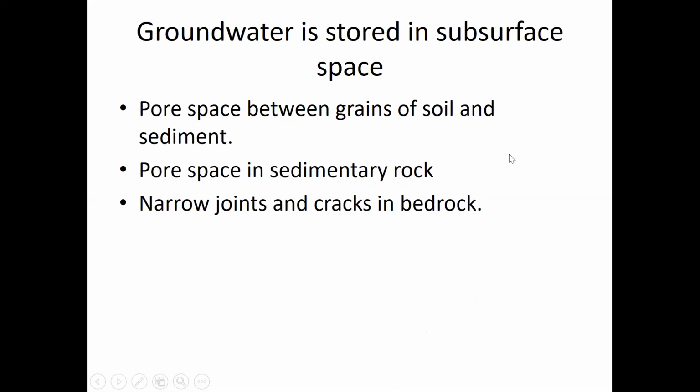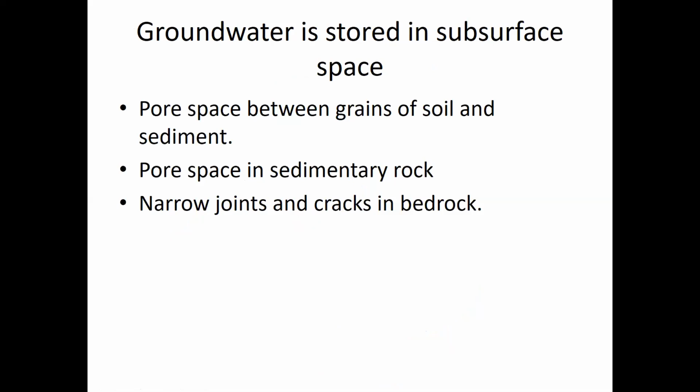So groundwater is stored in subsurface space. Okay, we call this pore space. It's the empty space between grains of soil and sediment. It's also in loose unconsolidated sediment. There's also pore space in sedimentary rock. It's the empty space between the grains of sediment and the rock.